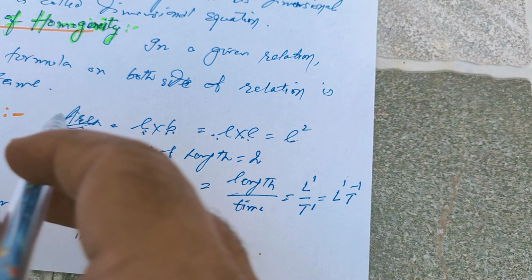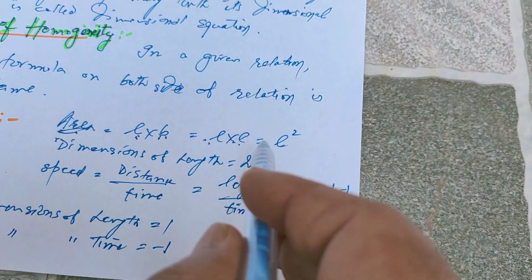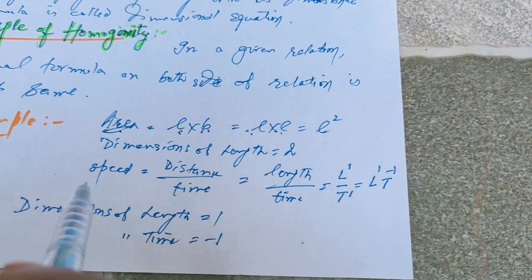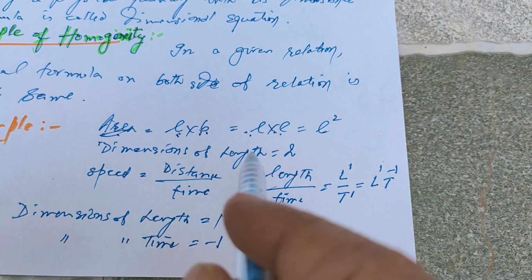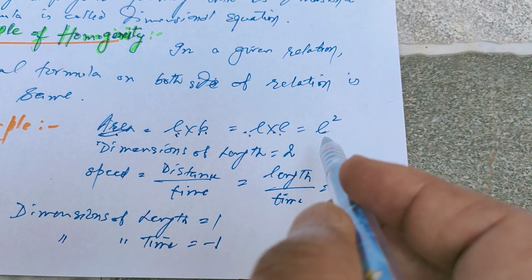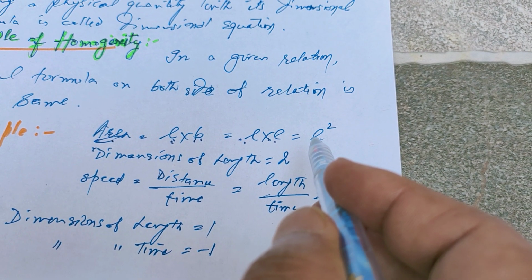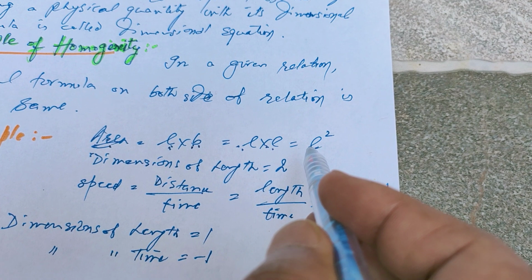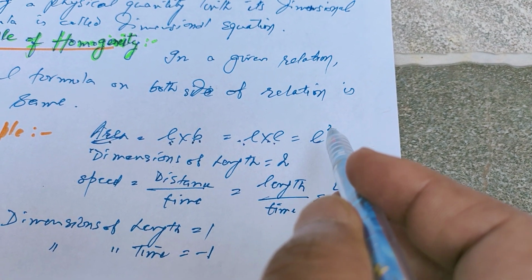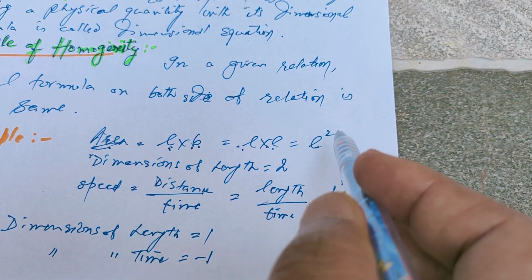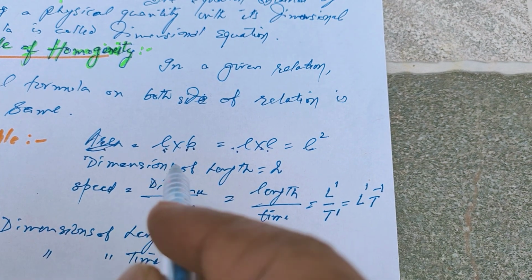So here for area I can write length square. So the dimension of length in area is 2. Length is a fundamental physical quantity and 2 is its power. So this power is called its dimension.